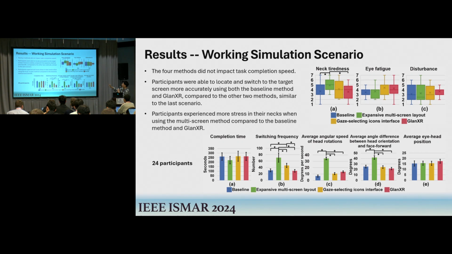It's not exactly the same through all the conditions, but we were trying to emphasize that for the completion time, there's no significant difference. And from that, we know that our method will not affect the task completion speed. They all have the same speed. So you know what I mean, right? It's not for everything. Yeah, I know what you mean.